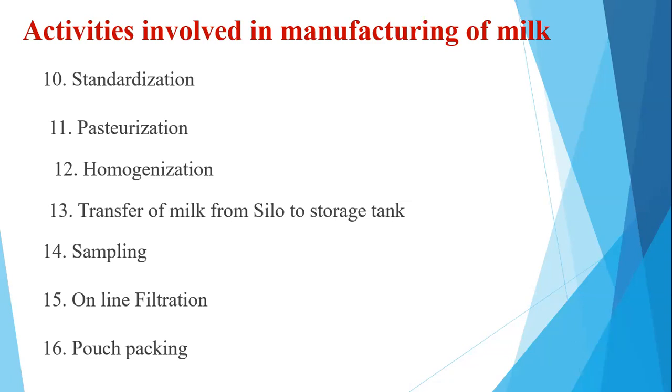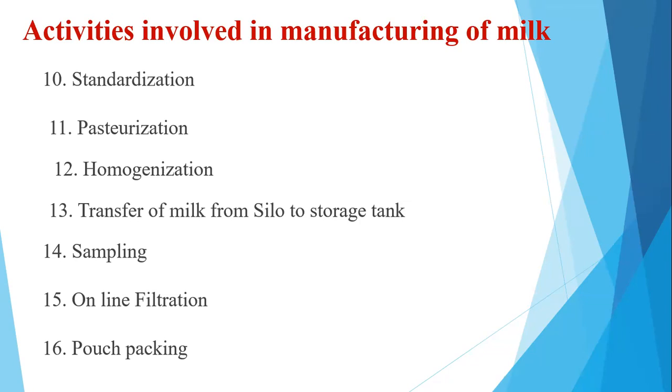So homogenization takes place within the silo, and then from the silo the milk is moved to the storage tank. Once again, samples are drawn and tested for the desired quality of milk so that it can be further processed.